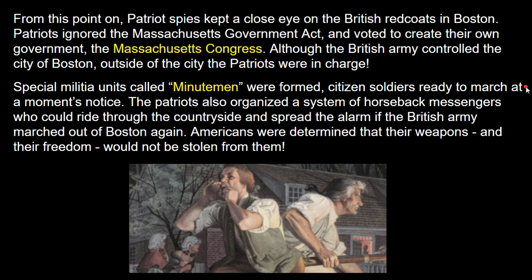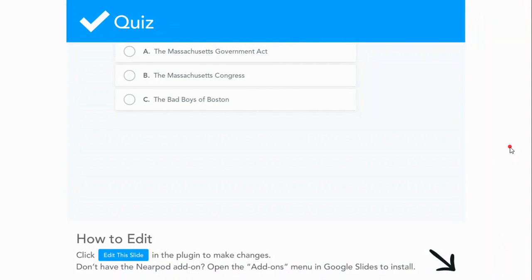Special militia units called Minutemen were formed, citizen soldiers ready to march at a moment's notice. The Patriots also organized a system of horseback messengers who could ride through the countryside and spread the alarm if the British Army marched out of Boston again. Americans were determined that their weapons and their freedom would not be stolen from them. So please answer the questions, and I'll see you on the next slide.